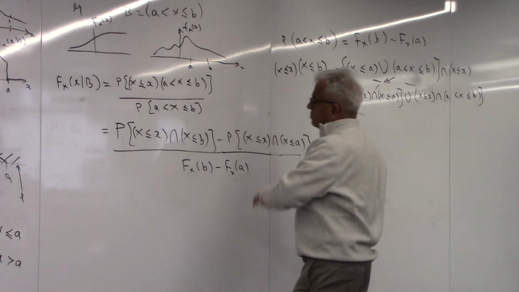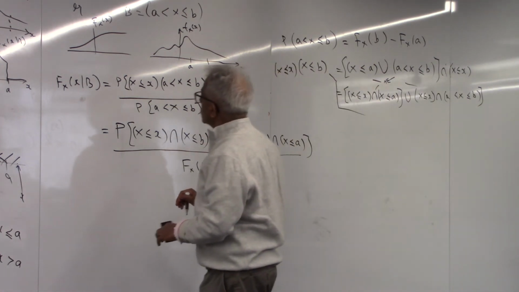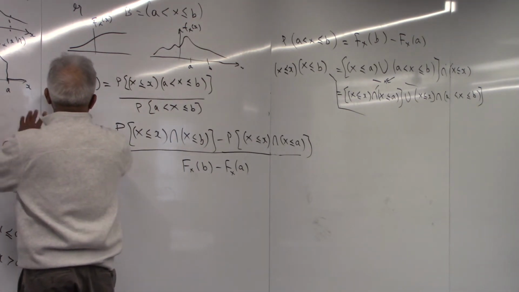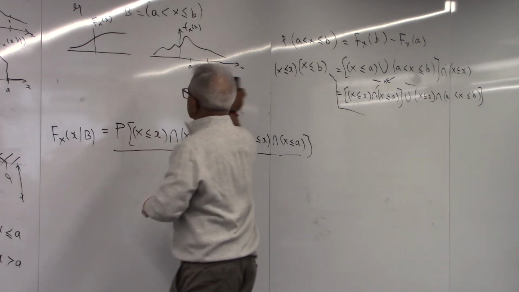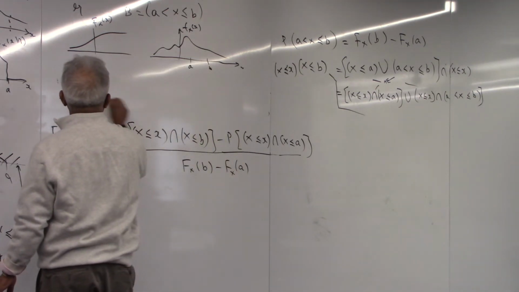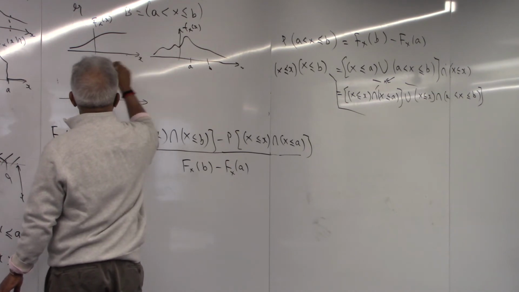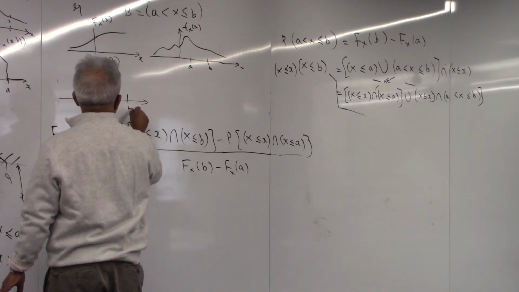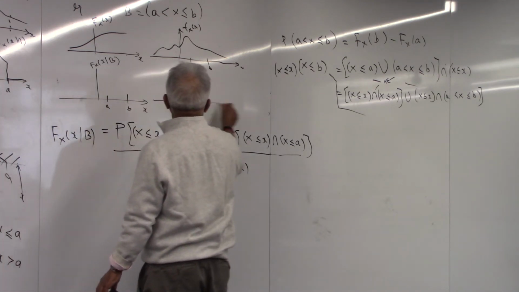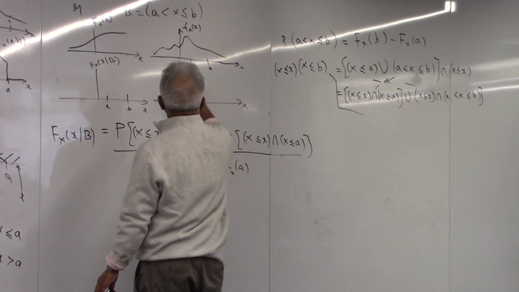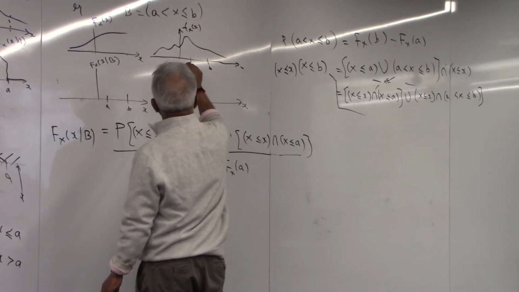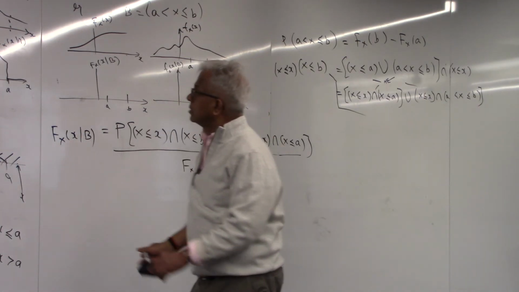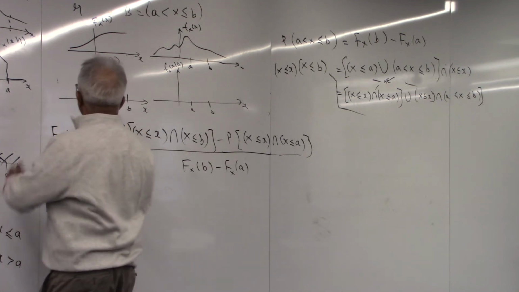Now of course we have to go through and draw the diagrams, so this is f_X of x given B. I'm going to open up this space to draw the diagram. So we have to draw the corresponding diagrams here. Notice that to proceed, there are points of interest.